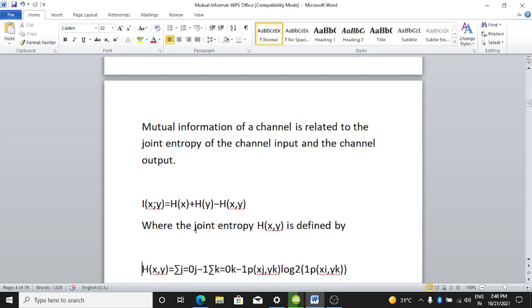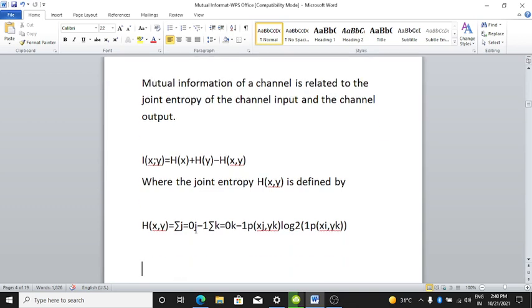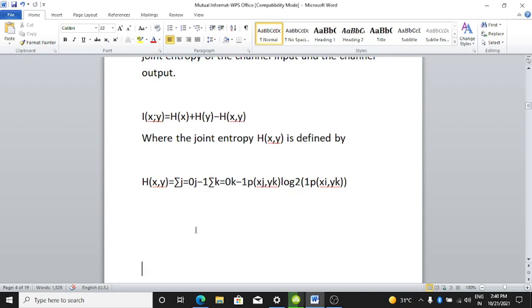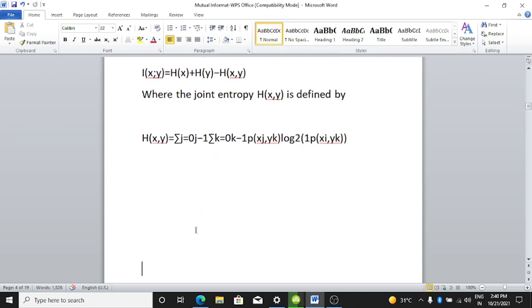I of x,y is equal to H of x plus H of y minus H of x,y, where the joint entropy H of x,y is defined by H of x,y is equal to the summation over j from 0 to J minus 1, summation over k from 0 to K minus 1 of p of xj,yk log base 2 of 1 upon p of xj,yk.